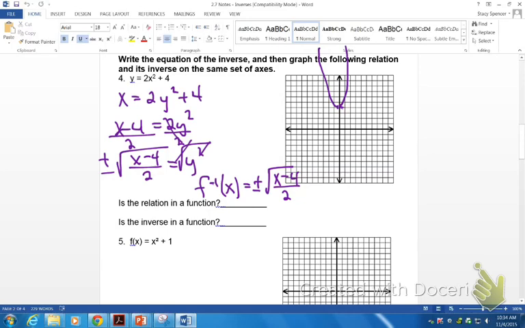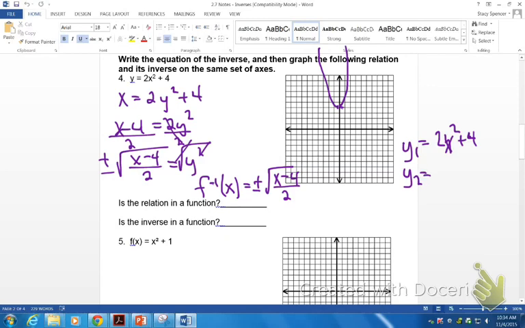So how then are we going to graph the inverse? If we had time, what I would have had you do was graph in y1 the 2x squared plus 4. Now in your y2, if you have positive and negative square root, you have to enter it twice.